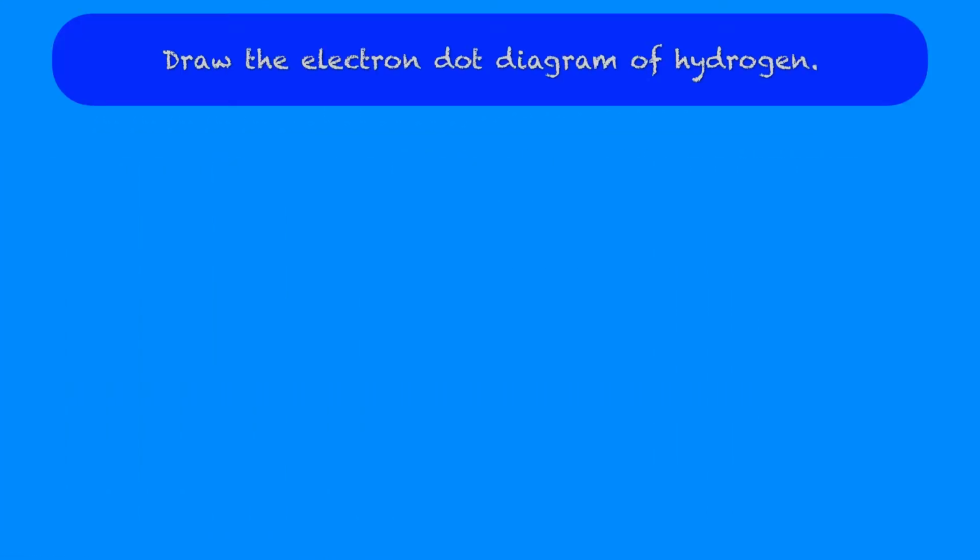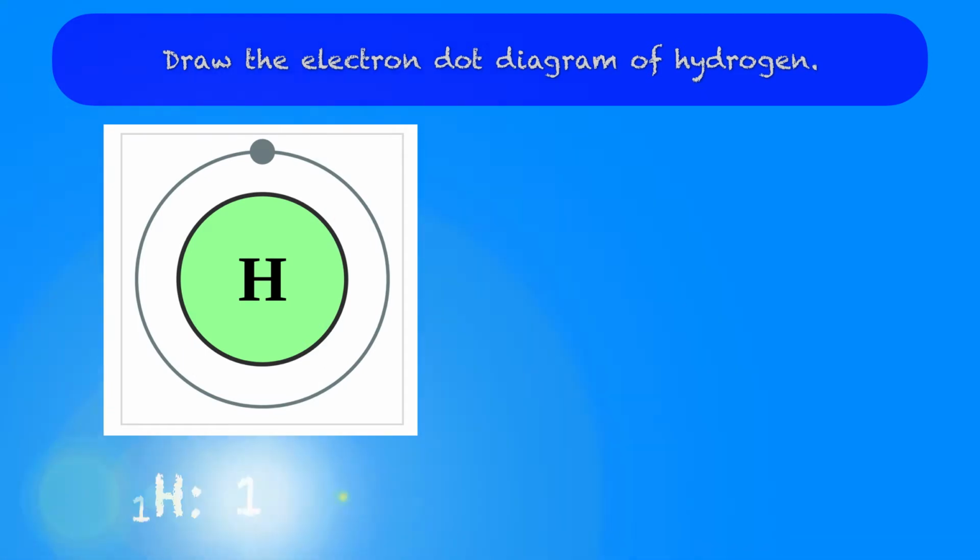Now, let's draw the electron dot diagram of hydrogen. In order to do so, we have to write the electronic configuration first. So, tell me, what does this 1 mean? That's the atomic number. Excellent. How many protons does hydrogen have in its nucleus? Only 1 proton.